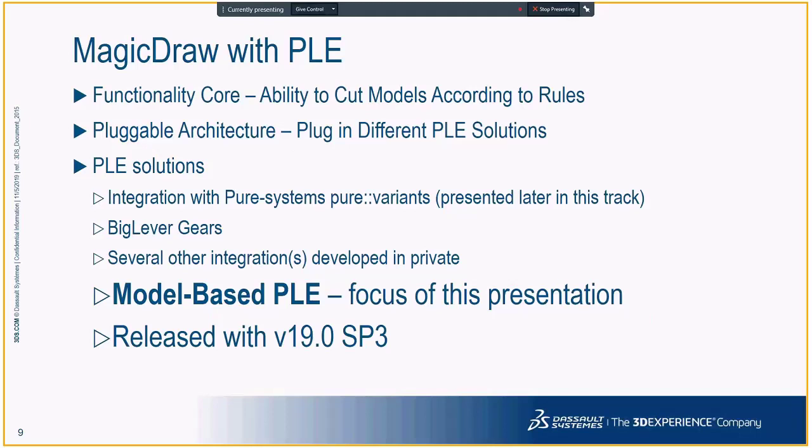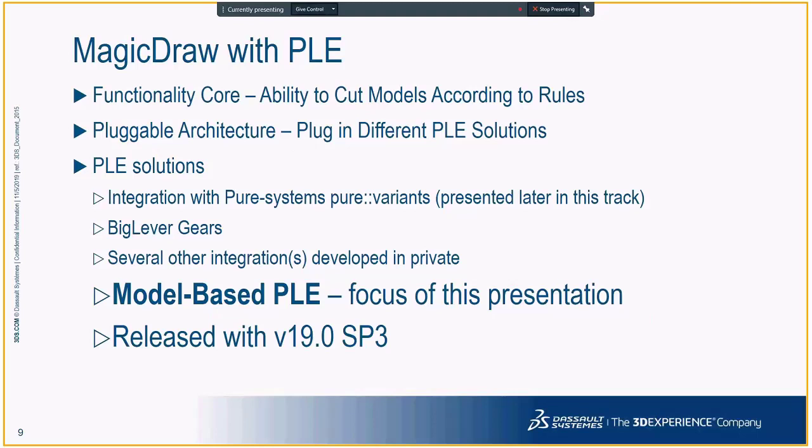But this PLE core must have, in addition, a sub-plugin for a particular methodology. Of those methodologies, we recently had only two, so the integration with Big-Lever-Gersten Pure Systems Pure Variants.